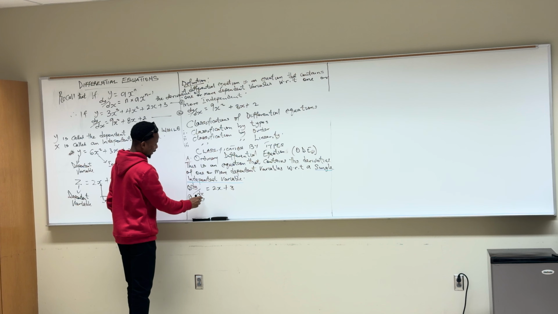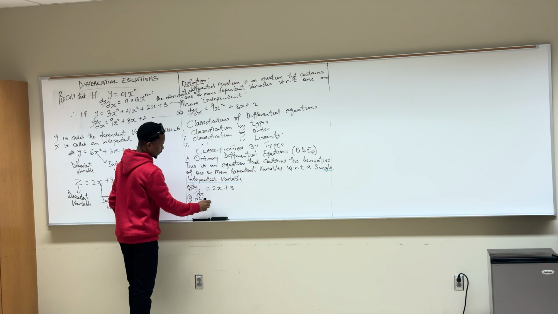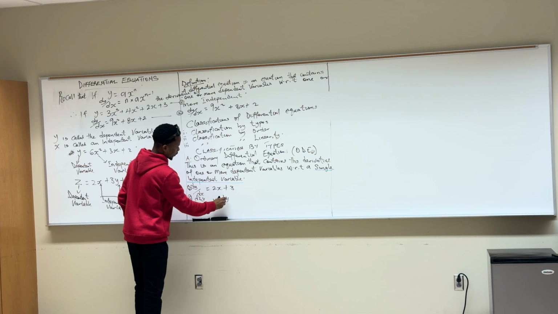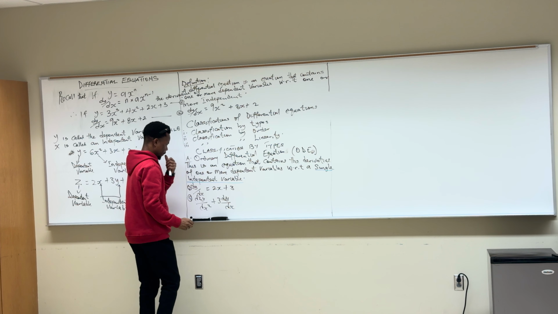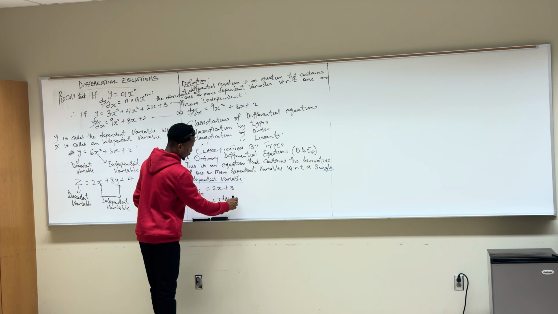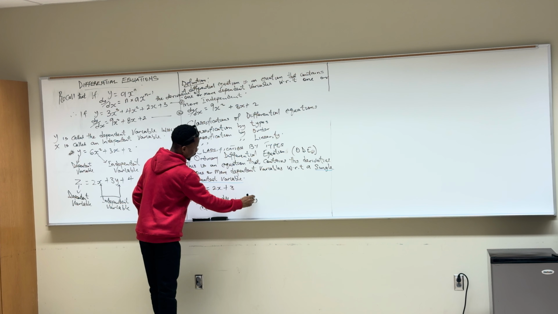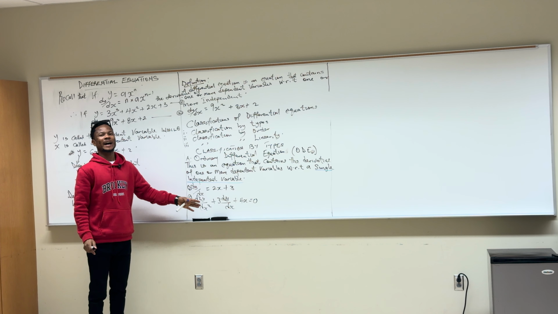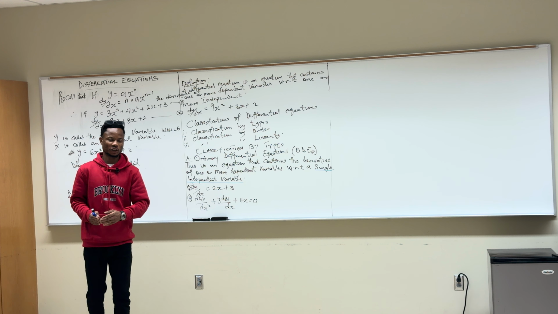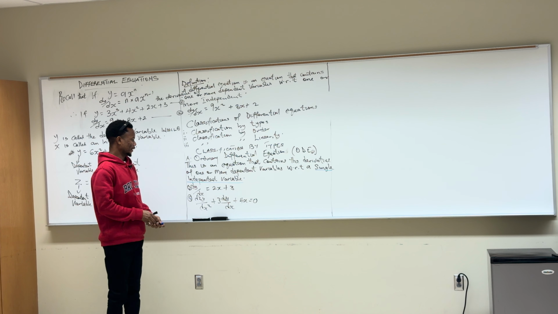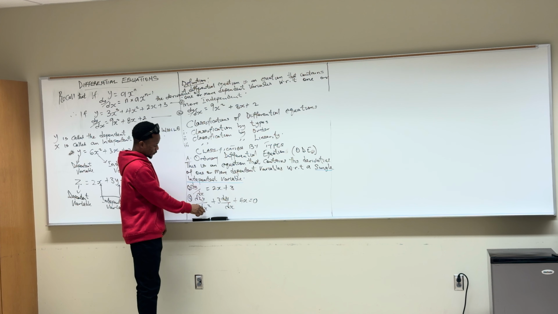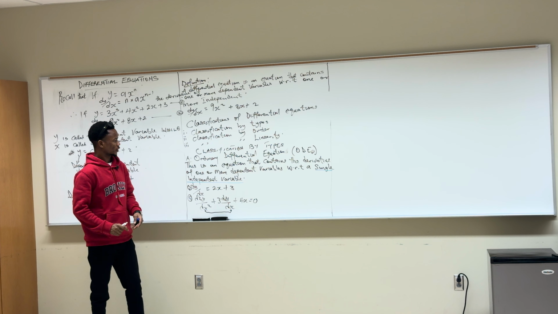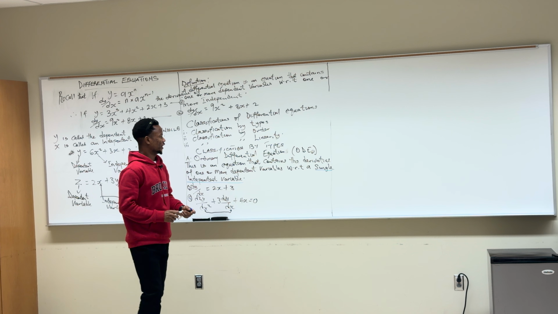Let's say d squared y over dx squared plus 3 dy/dx plus 4x equals 0. These are called ordinary differential equations because we have just a single independent variable x. So that is that about ODE.